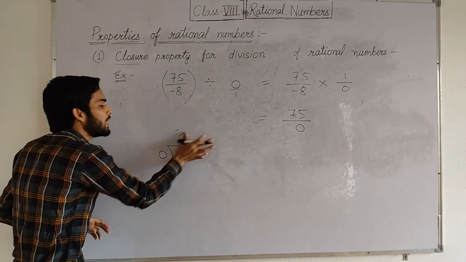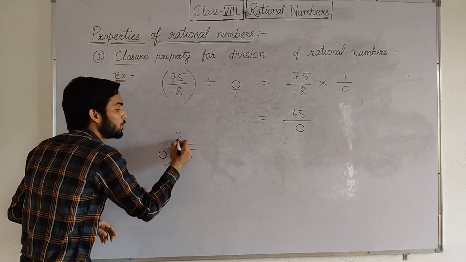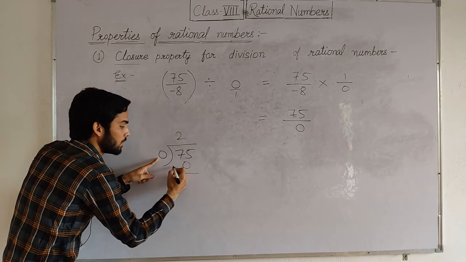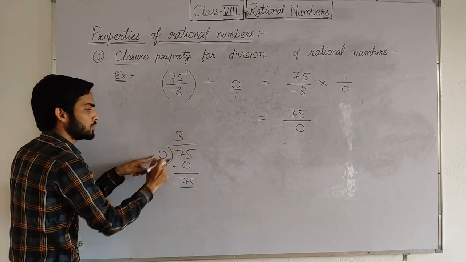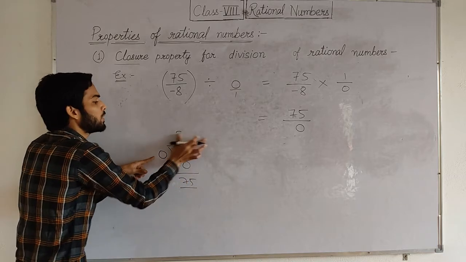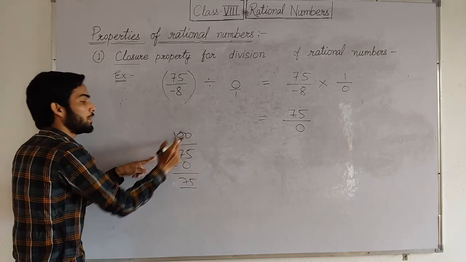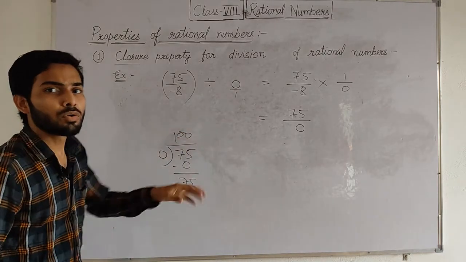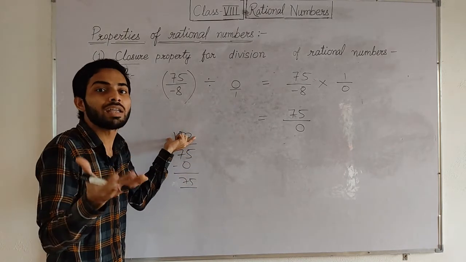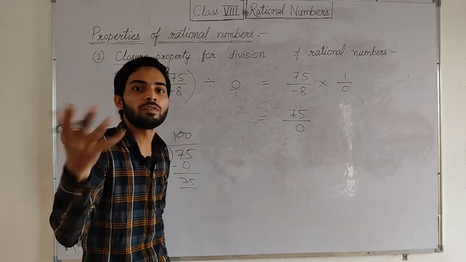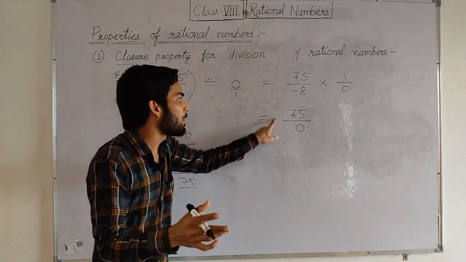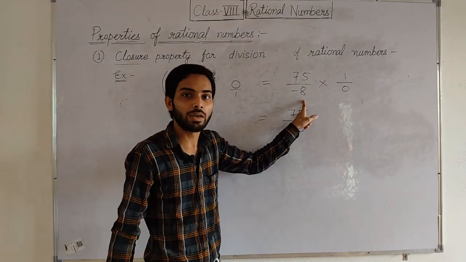You will put any number here, that 2, 0 twos are 0, or you will put 3 here, 0 threes are 0, or you can put 100 here, 0 into 100 is 0. So you cannot tell what is the quotient, what is the real answer. You are unable to define it. So 75 upon 0 is undefined, not defined.